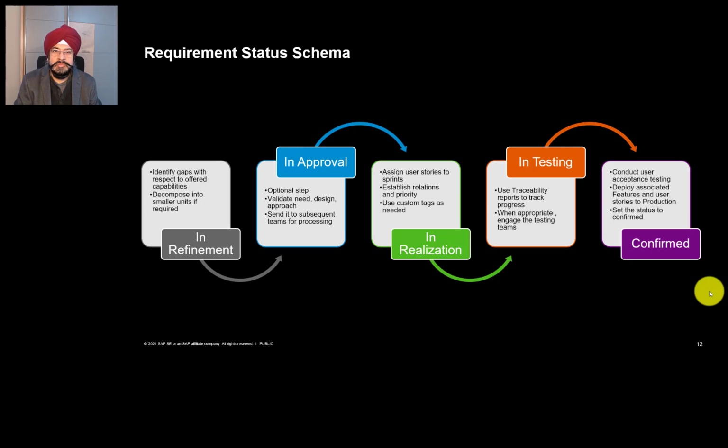So I have my requirements and I do my user acceptance testing at those requirements. If I break down my requirements into smaller units called user stories, then I can also do my functional testing for my user stories. And after things are fine, when the business users are convinced that their requirement has been fulfilled, then they can even set the confirmed status.